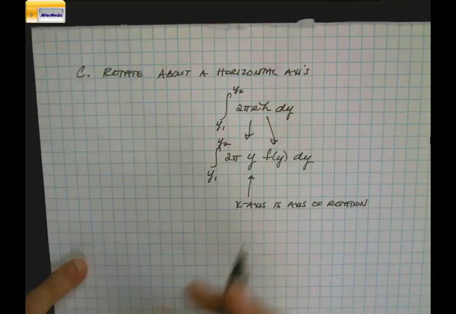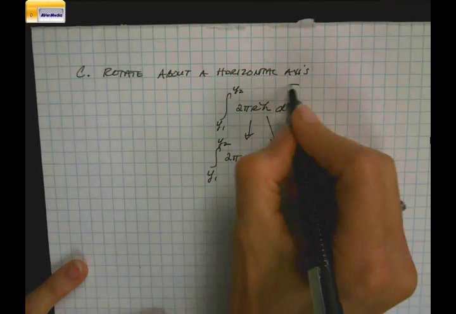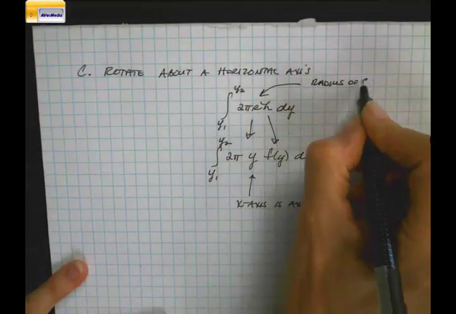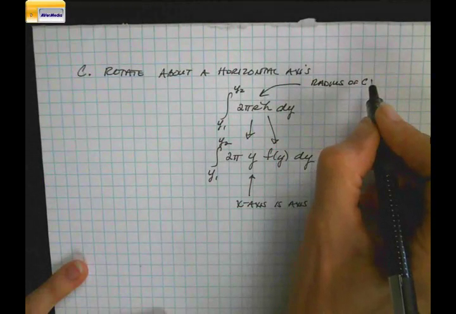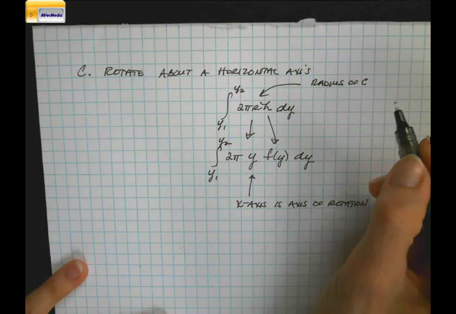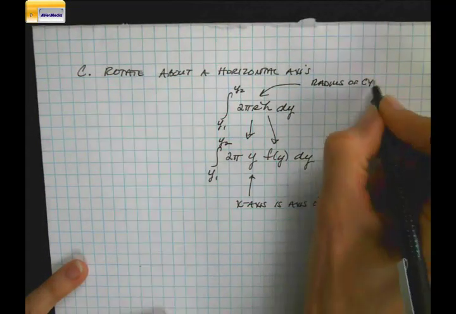Okay. Also remember, the r is the radius of the cylinder. How do I say that? It's the radius of the cylinder, but not the thickness of the cylinder, so that's okay.